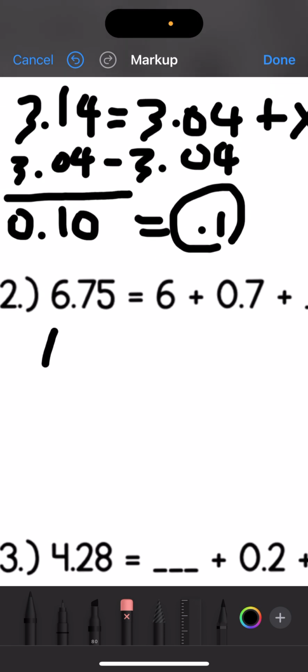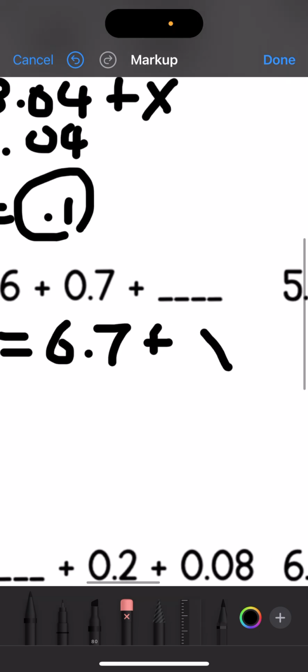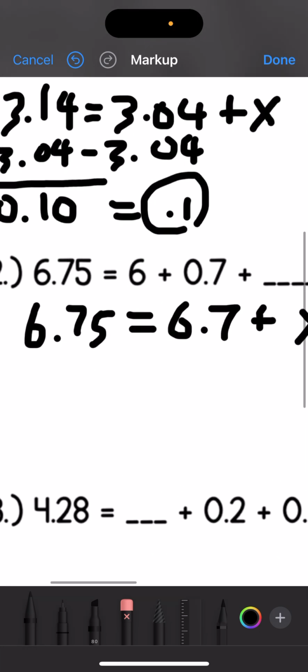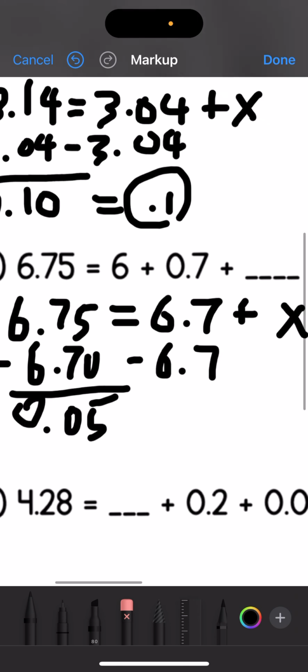Okay, so number 2, you're going to have 6.75 is equal to 6.7 plus blank. We'll call that x. We're going to try to make x by itself. And we get 0.05 is equal to x.